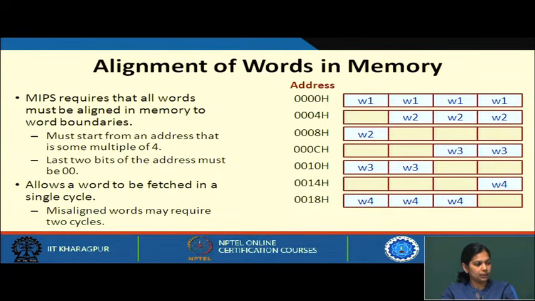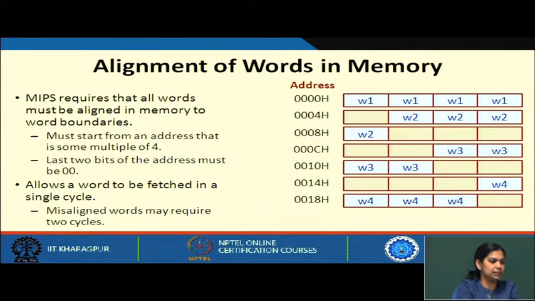Now, let us see what this word alignment is, that is, the alignment of words in memory. MIPS always requires that all the words that we store in memory must be aligned to word boundaries. That means they must start from an address that is some multiple of 4.